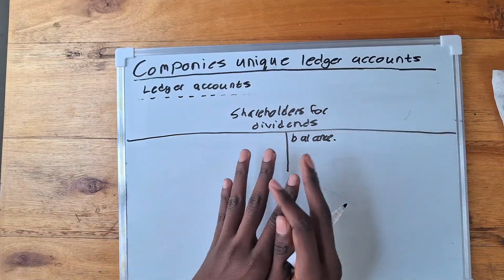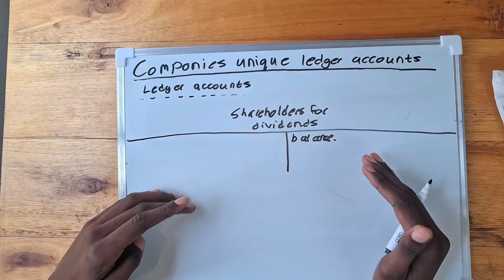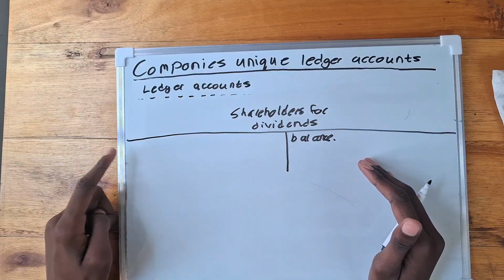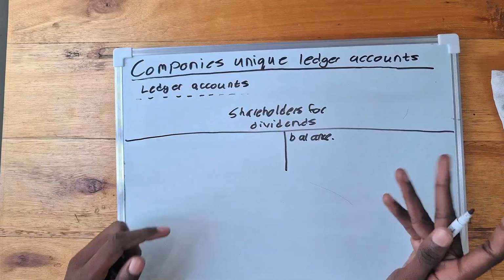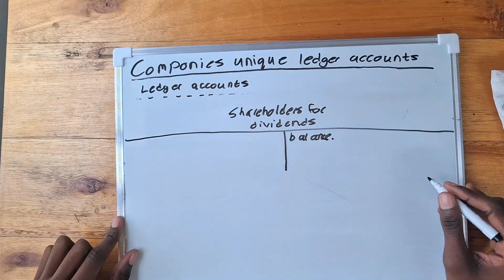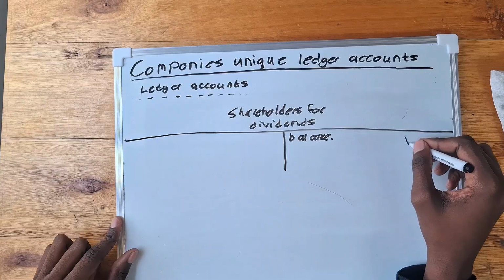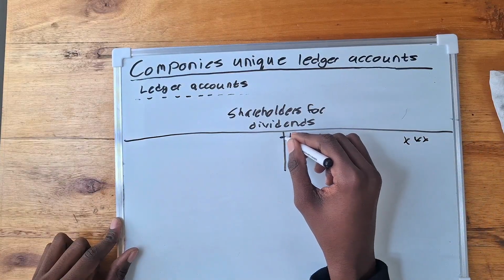So if you ever forget perhaps what I've taught you here, all you need to just remember is, how did I do SARS income tax? Then you just apply the same thing here. So obviously they will tell you that the final dividends for the previous year were paid, right? Well paid. So what does this mean? You do the same thing.